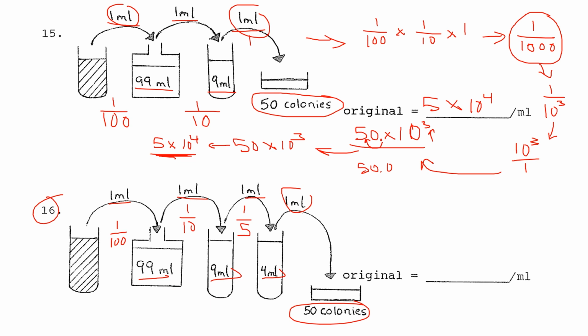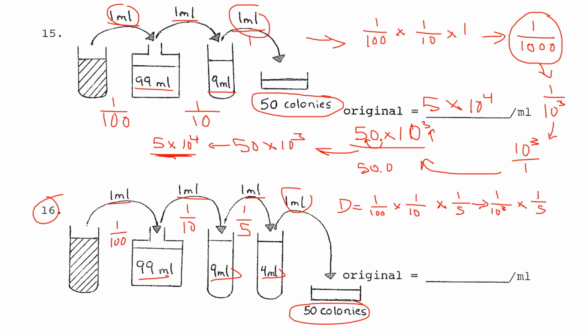And so remember, calculate your dilution. So your dilution is 1 over 100 times 1 over 10 times 1 over 5, right? So that's 1 over 10 to the third times 5.